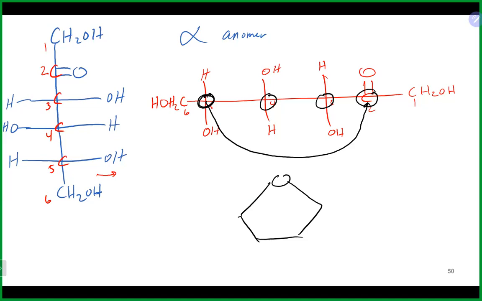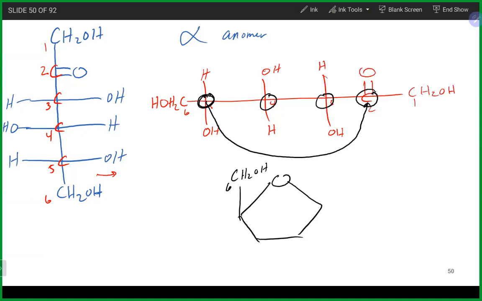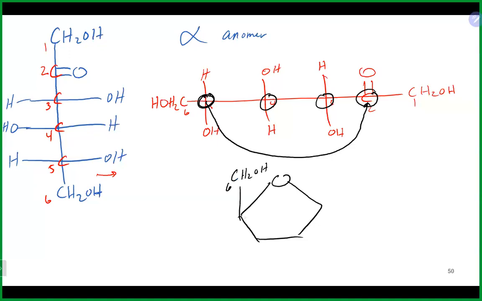That last carbon, which is not the chirocarbon, which is carbon number 6 in this case, will still end up to the left of the oxygen as CH2OH. So now we could still number our ring like we've done previously, and that would get us carbon number 5 here, carbon number 4, carbon number 3, and carbon number 2 in this case.